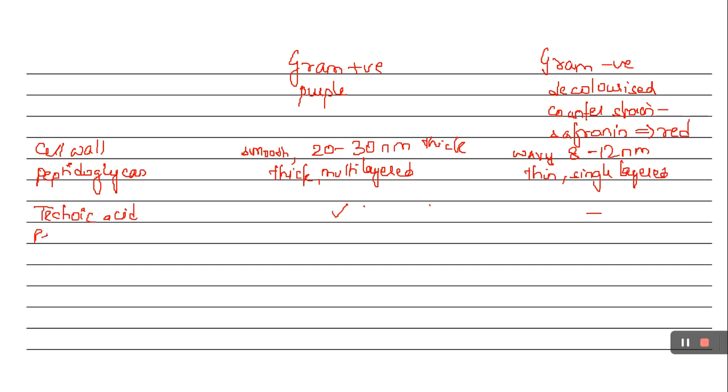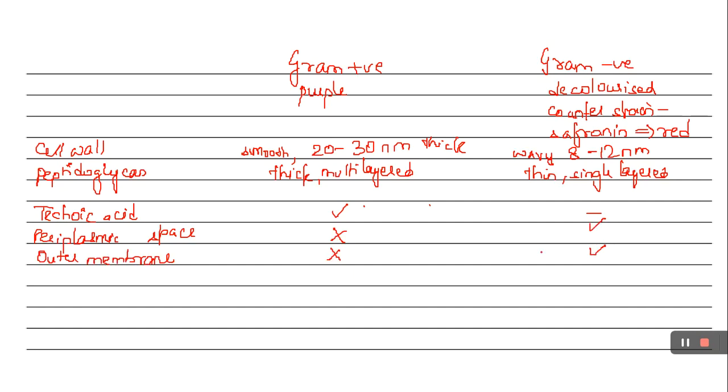Then the periplasmic space is absent in gram positive but present in gram negative. Then the outer membrane, very important, is present in gram negative bacteria.